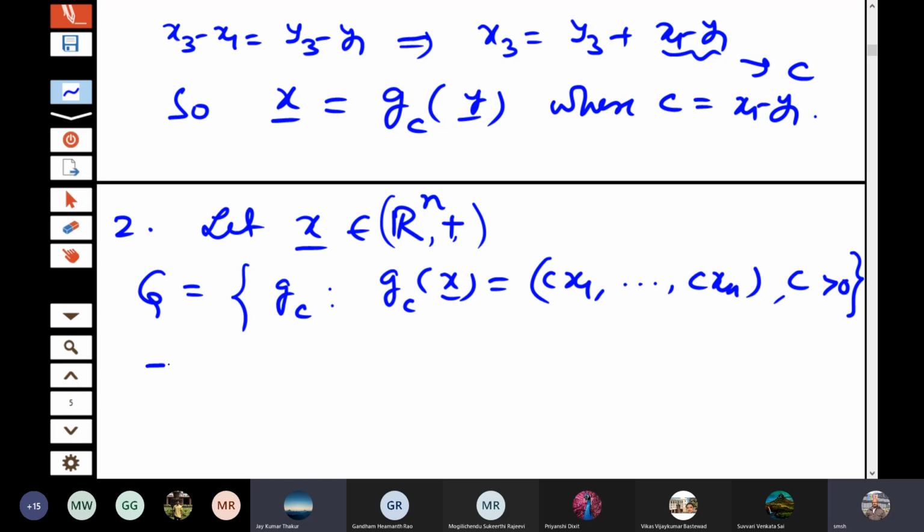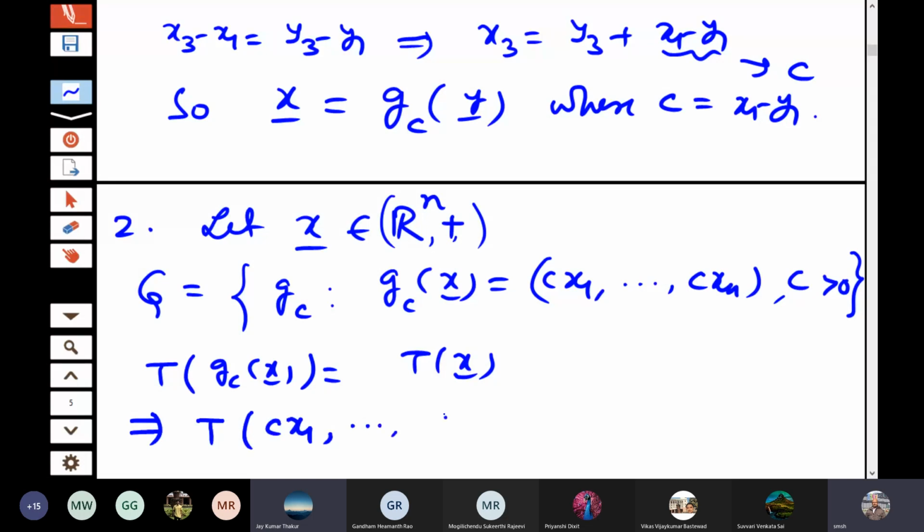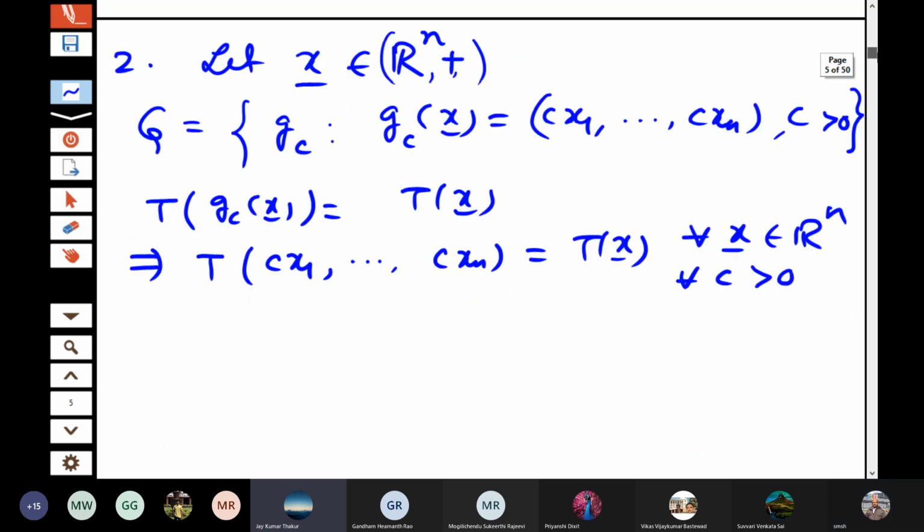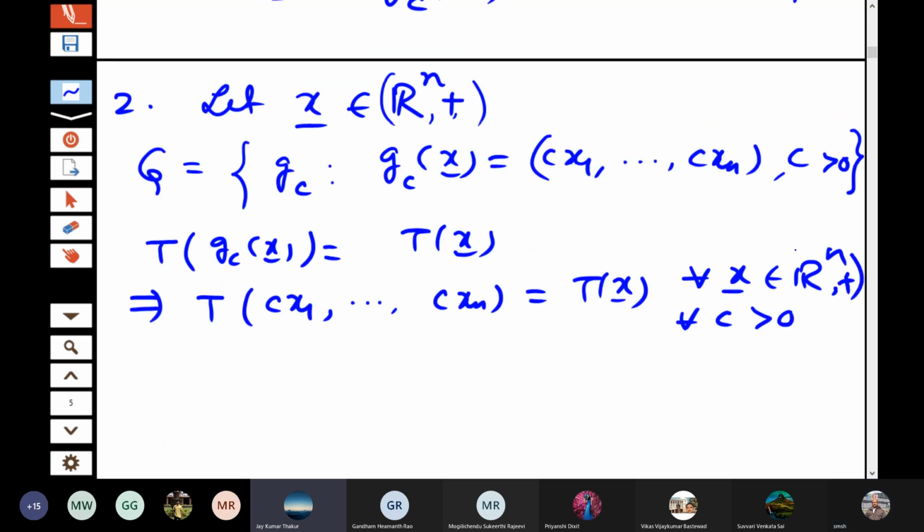Now let us put this condition, T of GCX is equal to T of X. Then this will imply T of CX1, CX2, CXN is equal to T of X for all X and for all C positive. So let us choose here, say, C is equal to 1 by X1.